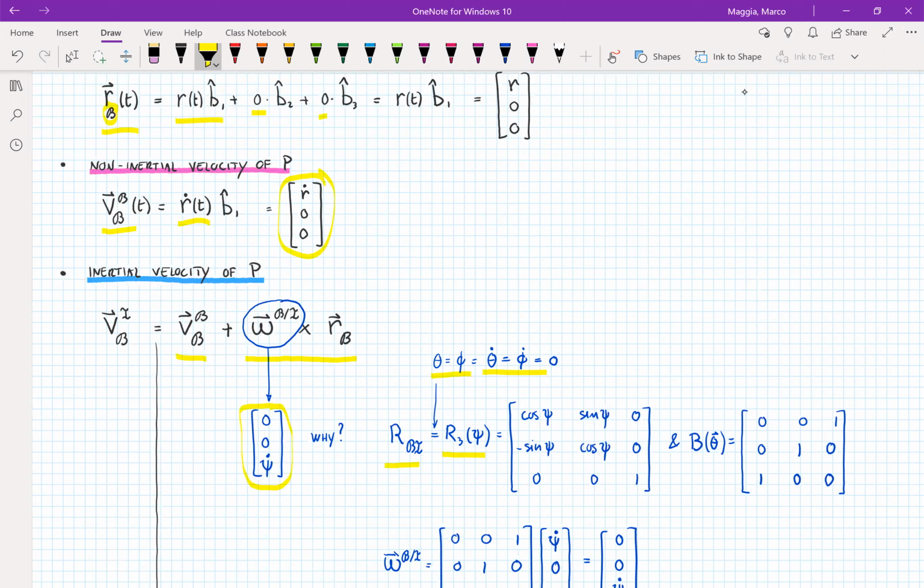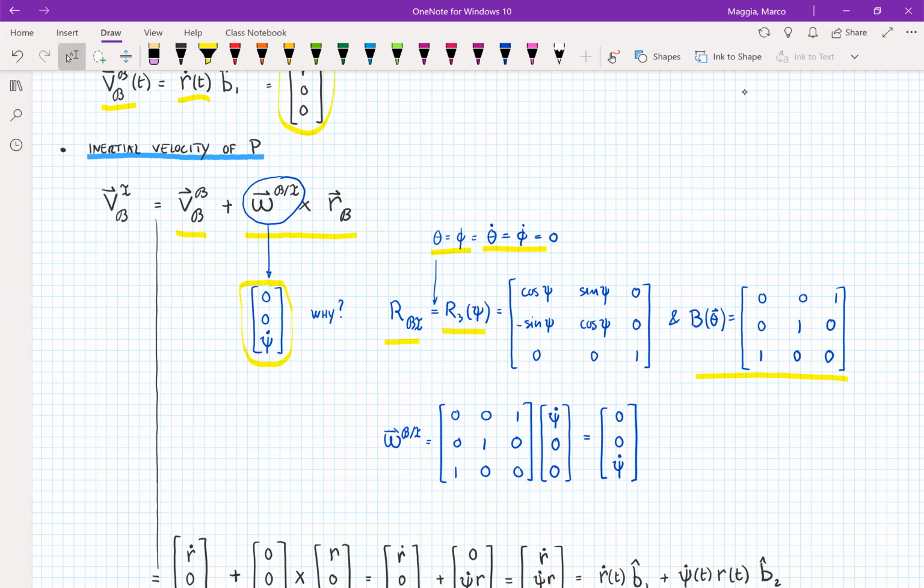And consequently, we can find the matrix B, which is very simply (0, 0, 1), (0, 1, 0), and (1, 0, 0). And so by multiplying B with the vector containing the angle rates, in this case only psi dot, because theta dot and phi dot are 0, we indeed find that the angular velocity of B with respect to I is simply the vector (0, 0, psi dot).